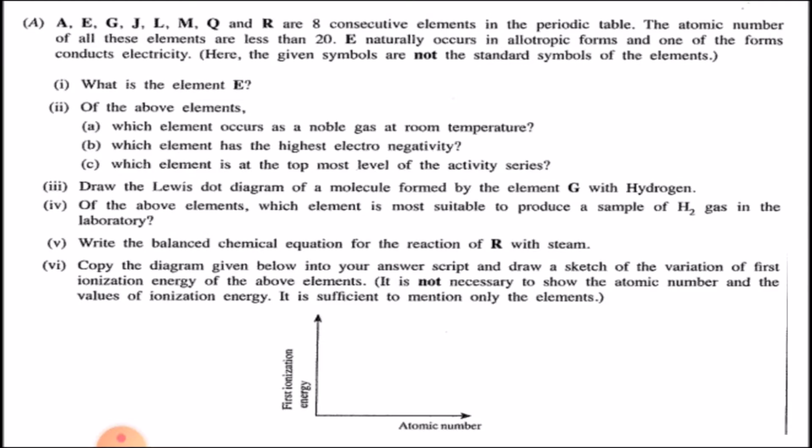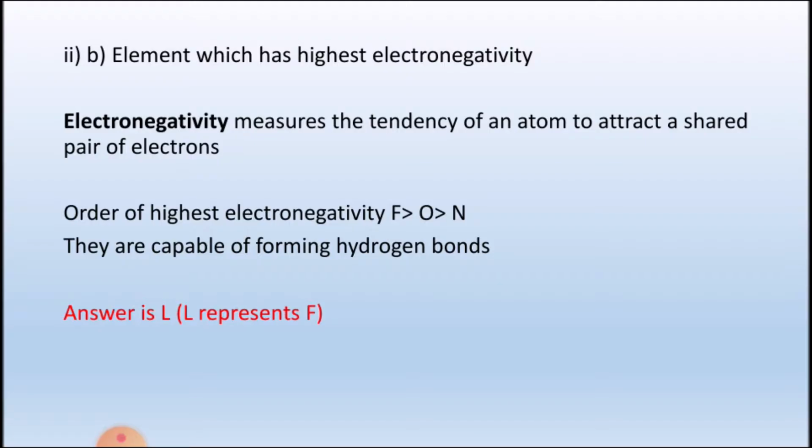Then question 2 part B and C: the element with the highest electronegativity, and the one at the topmost level in the activity series. Electronegativity is a measure of the tendency of an atom to attract a shared pair of electrons towards itself. Considering the order of electronegativity, I would like to focus your attention on the first three elements with the highest electronegativities.